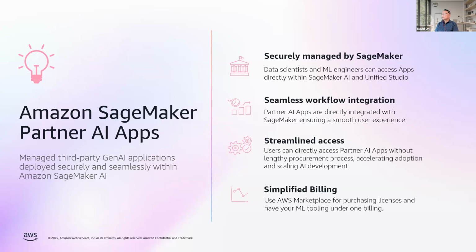Another benefit is seamless access, through the partner app, to the data lineage of models and data already residing within SageMaker. So customers can easily and quickly start a CI/CD pipeline.